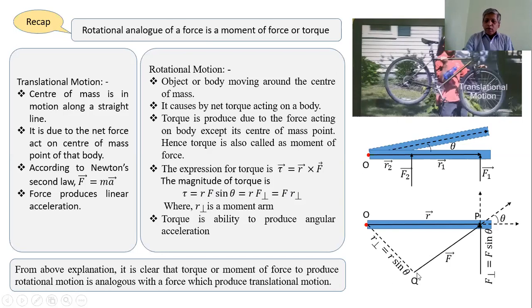Also, this force can be resolved into two components: one is F sine theta, perpendicular to the surface of the door, and another is F cos theta, which is along the position vector.